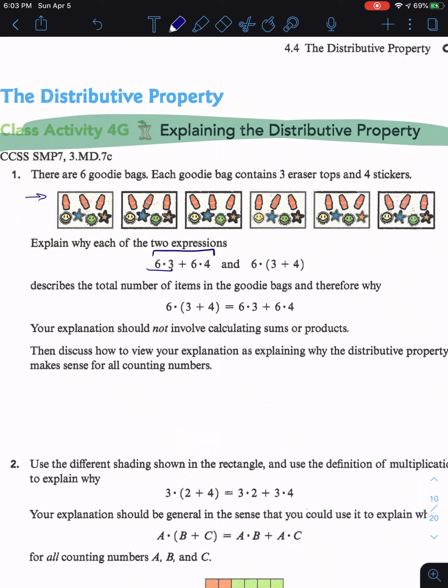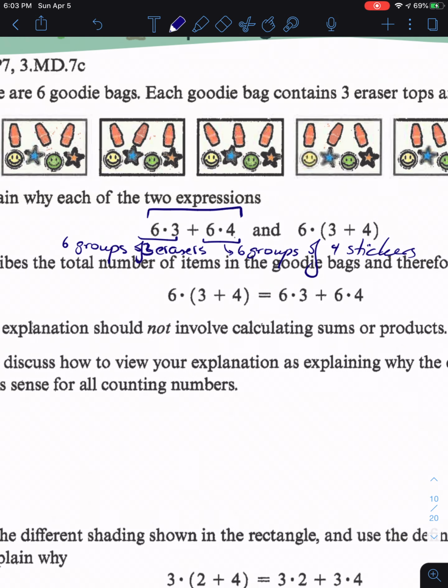Can't we say this is 6 groups of 3 erasers? And 6 times 4, 6 groups of 4, would be 6 groups of 4 stickers. Okay, do you see how that is? So first we're going to calculate erasers and then we're going to calculate stickers.